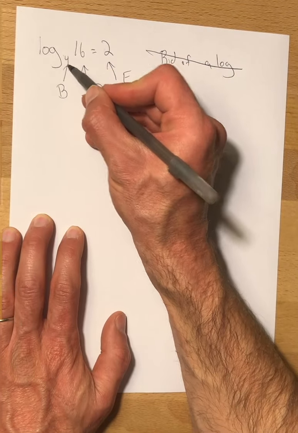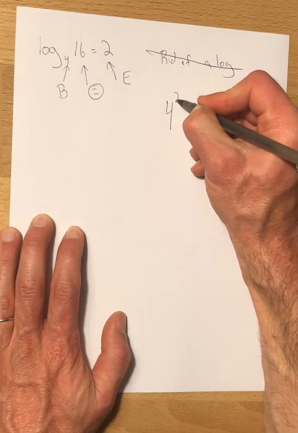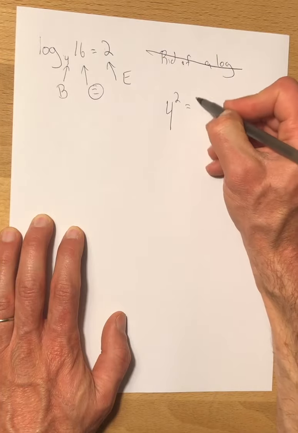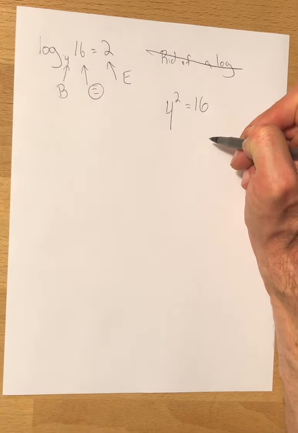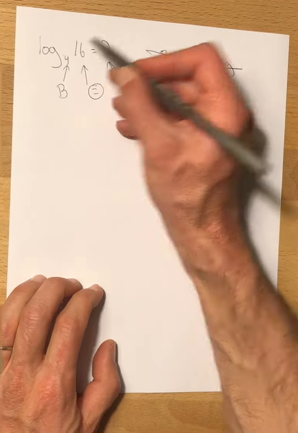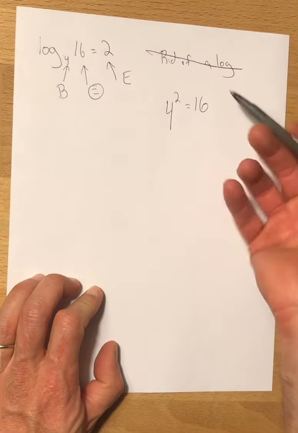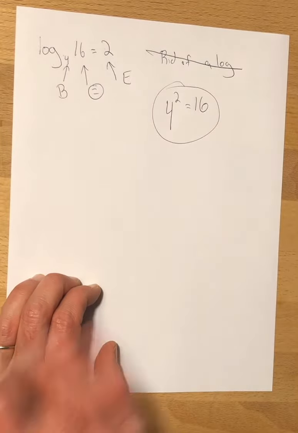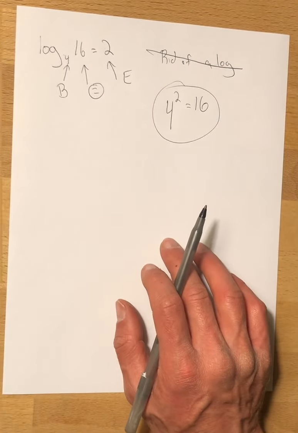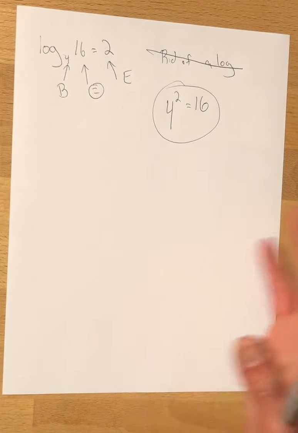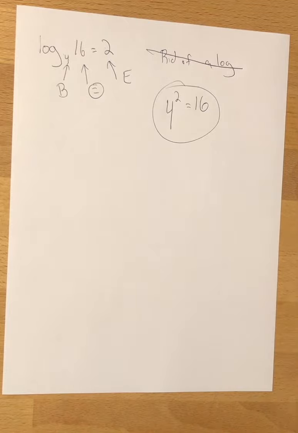So in the notes I say base, exponent, what it equals: 4 squared equals 16. Logs are just another way, technically, to write exponents. They do a lot more than just figure out exponents, but starting off, just basic stuff.